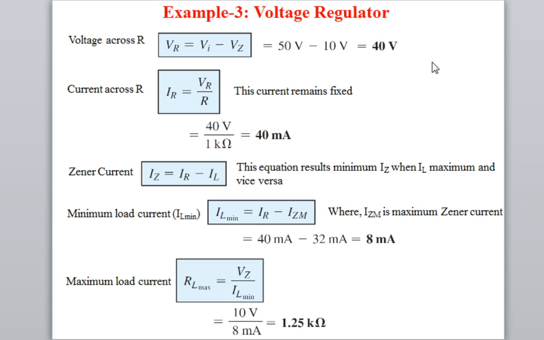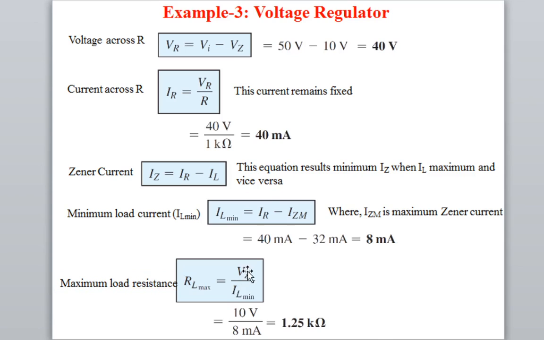If we are able to know the minimum load current, the maximum load resistance can be found out. So this should be the maximum load resistance.